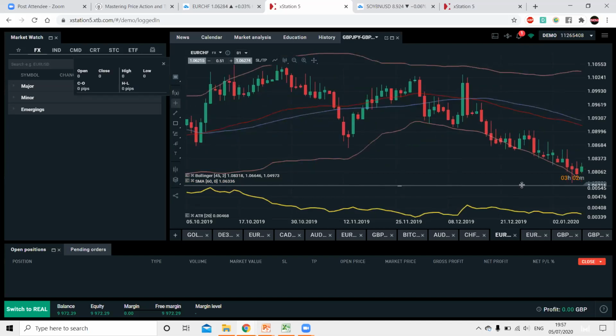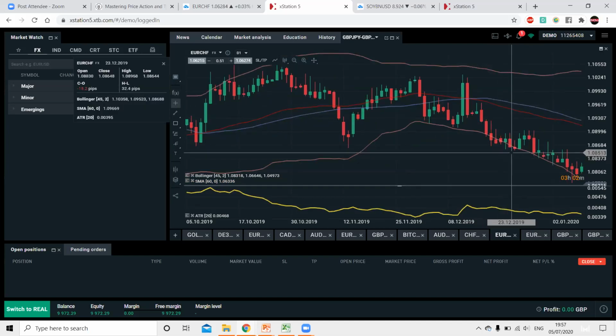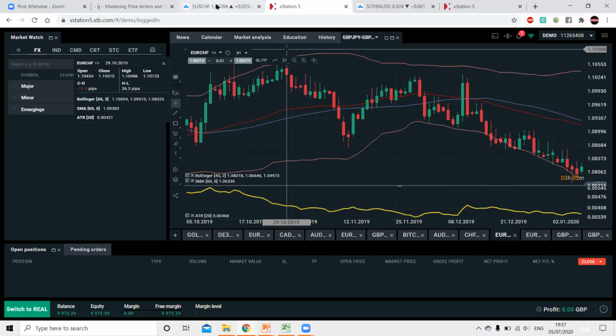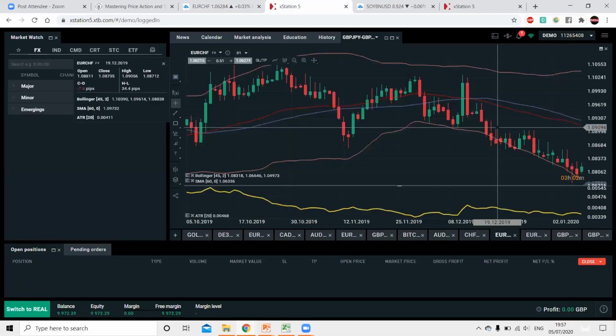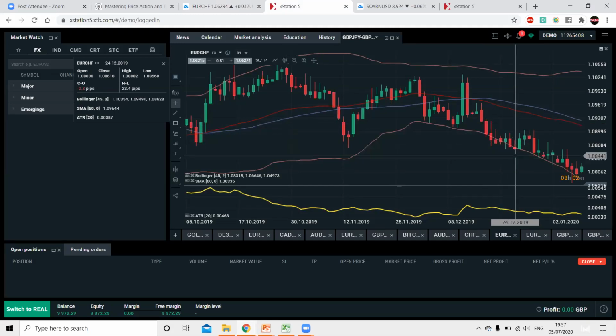Right. So 24th of December. There we go. Okay. You can see the candles look slightly different. That's because the broker timings are slightly different to the ones on the TradingView chart. So the candles will be a bit different.